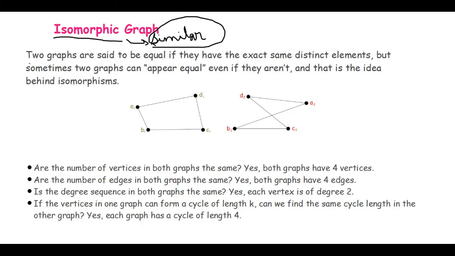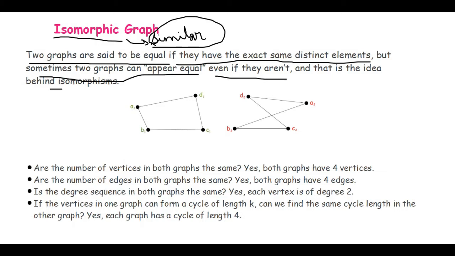When two graphs are said to be equal, even if they have the exact same distinct elements, sometimes two graphs can appear equal even if they aren't, and that's the idea behind isomorphisms. Take an example where I have two graphs: let this be G1 and let this be G2.